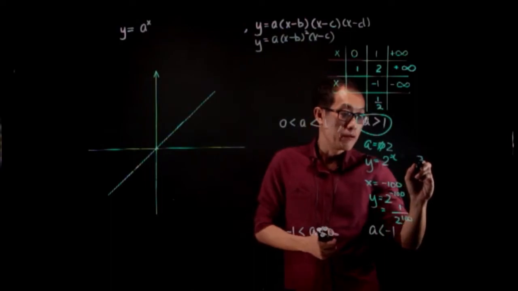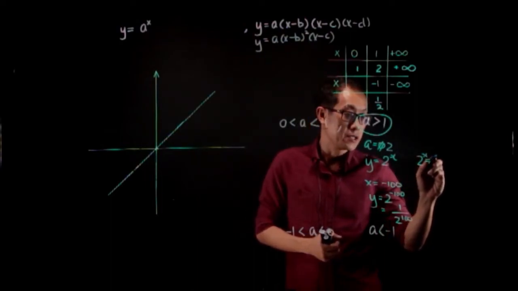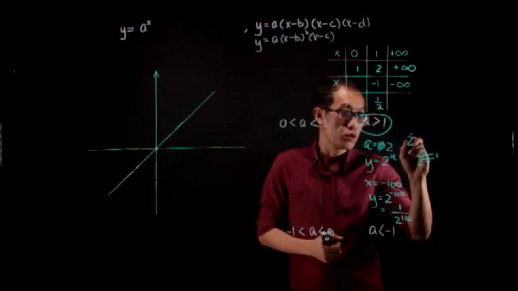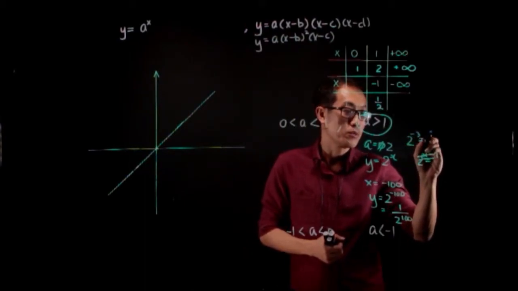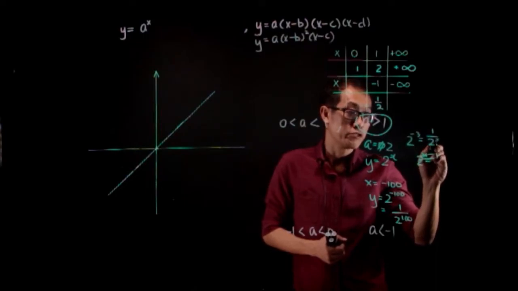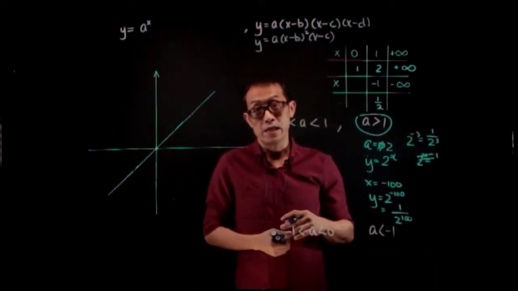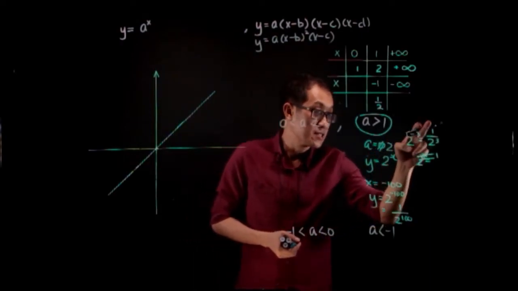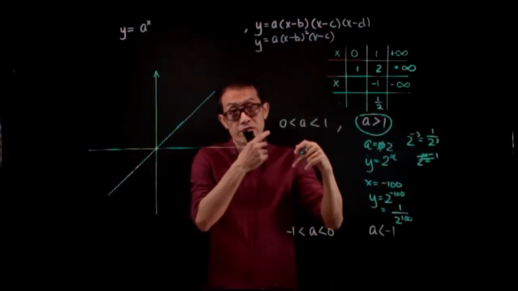Now, I'll show you. If this is 2 to the power of -3, then this will be just 1 over 2 to the power of 3. I think you all studied that in indices. It doesn't mean that if the power is negative, the answer will be negative. No, you just flip the thing around.